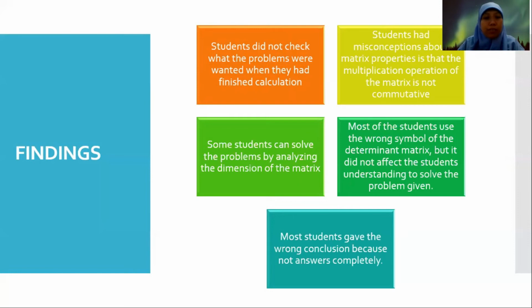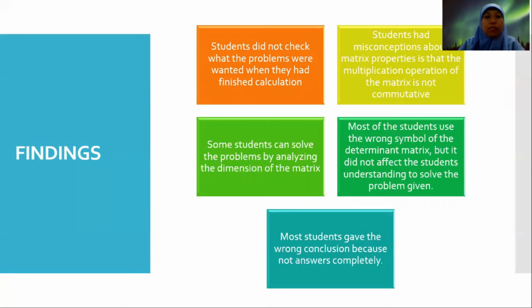The second finding is students had a misconception about matrix multiplication properties. That is, the multiplication operation of the matrix is not commutative, but they didn't check the result of the matrix multiplication, because this property has an exceptional condition, right?